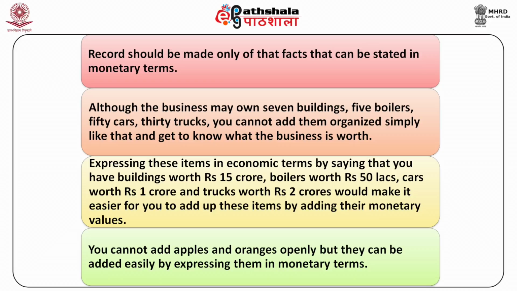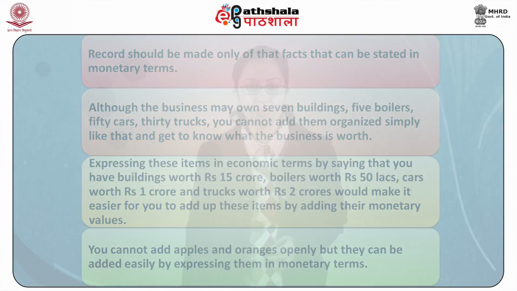You cannot add apples and oranges directly, but they can be added easily by expressing them in monetary terms. So, money offers a common denominator by which the funds and other factors about the business entity can be conveyed and valued. Expressing in monetary terms also helps in understanding the changes and their impact on the value of the resources.